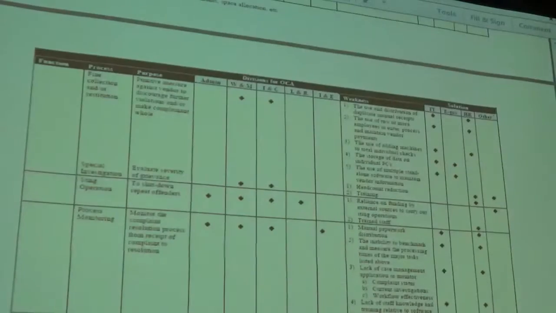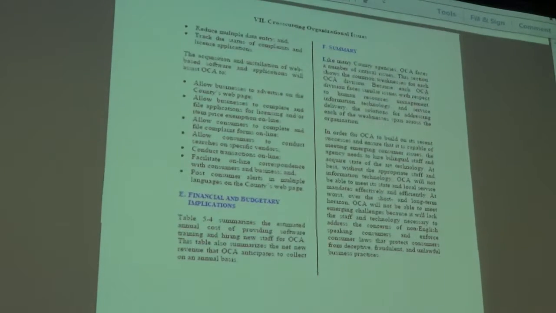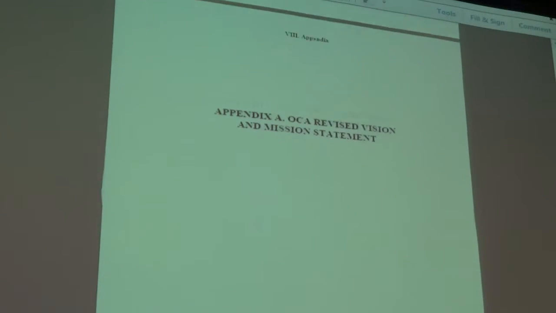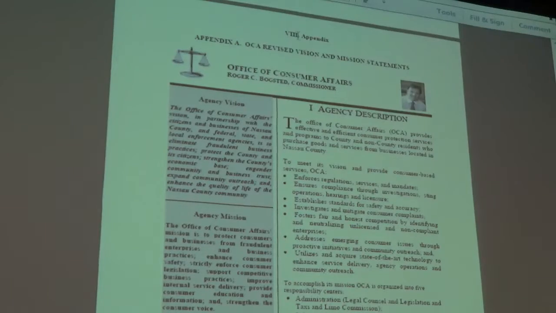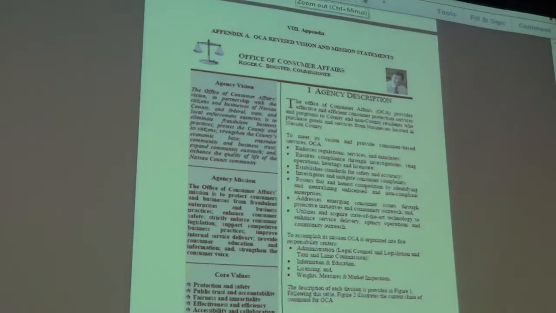There are changes that we made to the mission statement, to the goals. Oh yes, here it is. It's in the appendix.